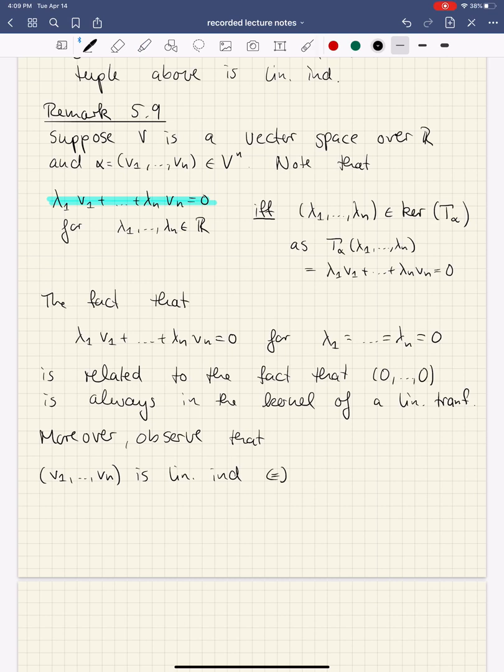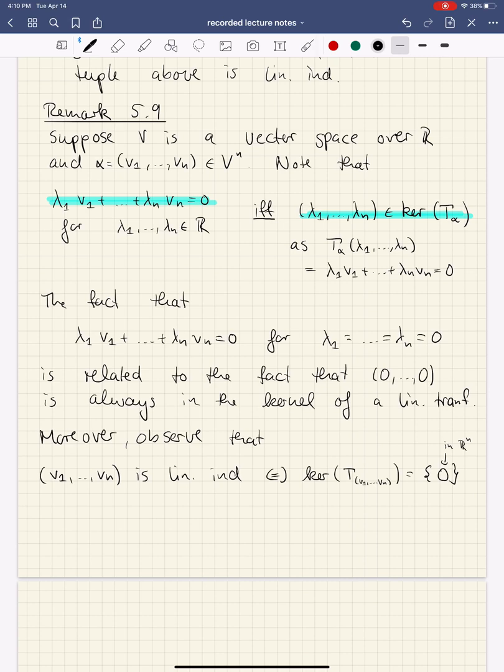So if this is the same as saying that this lambda is in the kernel, then linearly independent should reflect that the only thing that is in the kernel is the 0 element. So that means that the kernel of gamma of v1 through vn is equal to 0. Here by 0, I mean the 0 in R to the n.